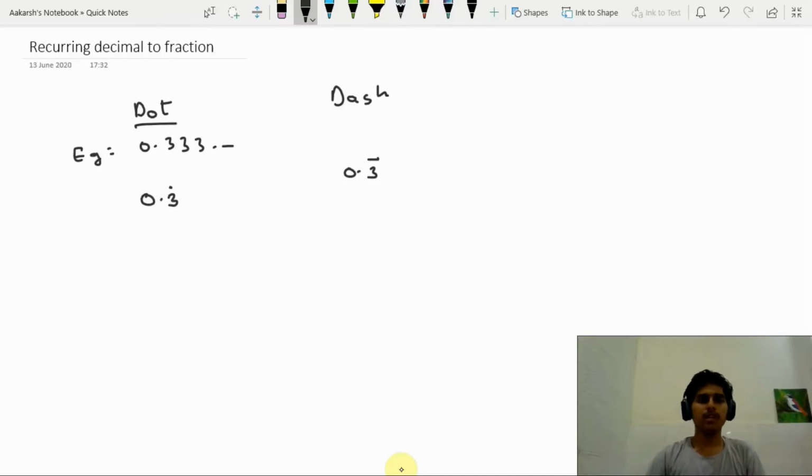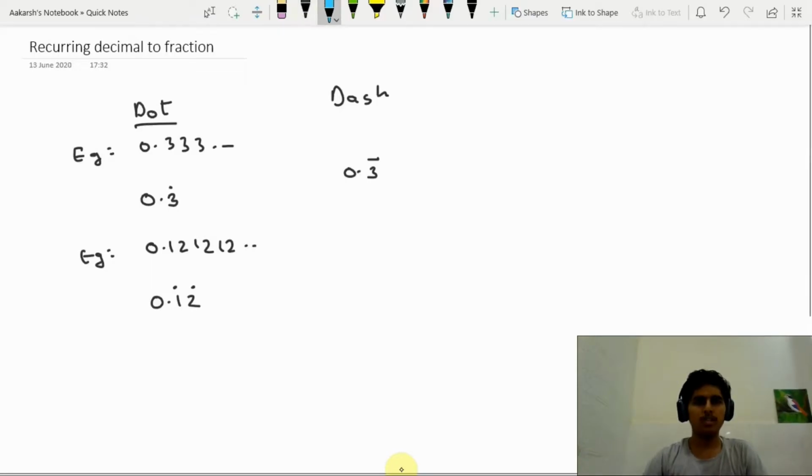In this first case, we had only a single digit which was repeating. If we have two digits repeating, which means 0.121212 repeating, then in the dot notation it will be written as 0.12 and there will be a dot on 1 and the second dot on 2.